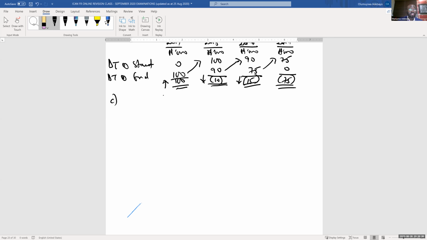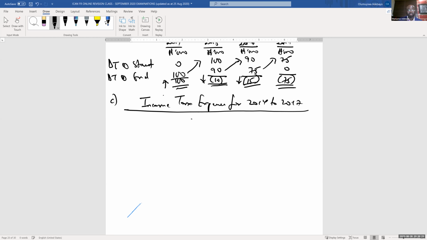What is our income tax? Our income tax expense for 2014 to 2017 are as follows: 2014, 15, 16, and 17.